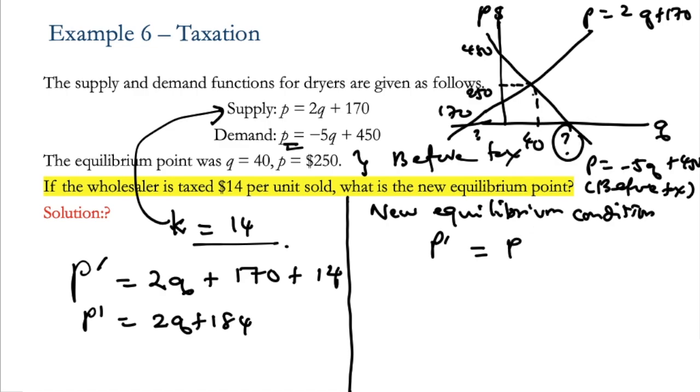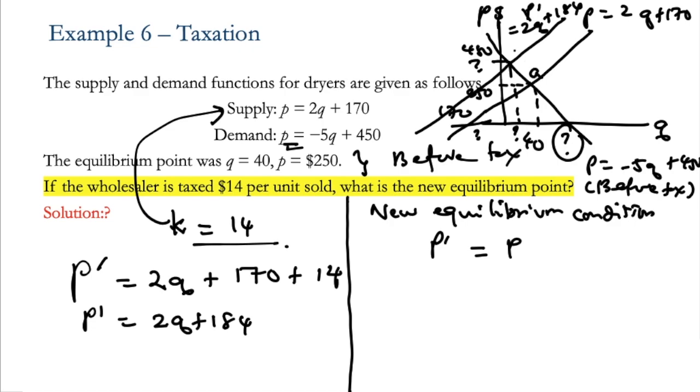There is no change in the demand. If I put it in the form of a graph, that means the supply curve will shift upward to the left to P prime, in which P prime equals 2Q plus 184. So we should find the new equilibrium for price and also quantity.